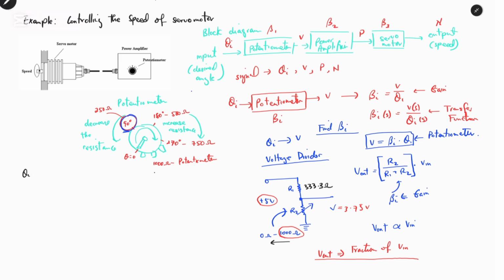We have the theta I, and we can have the voltage out and the resistance.